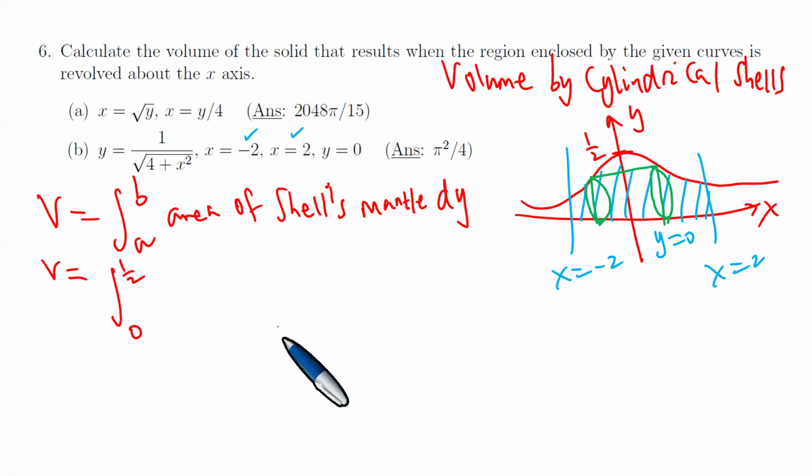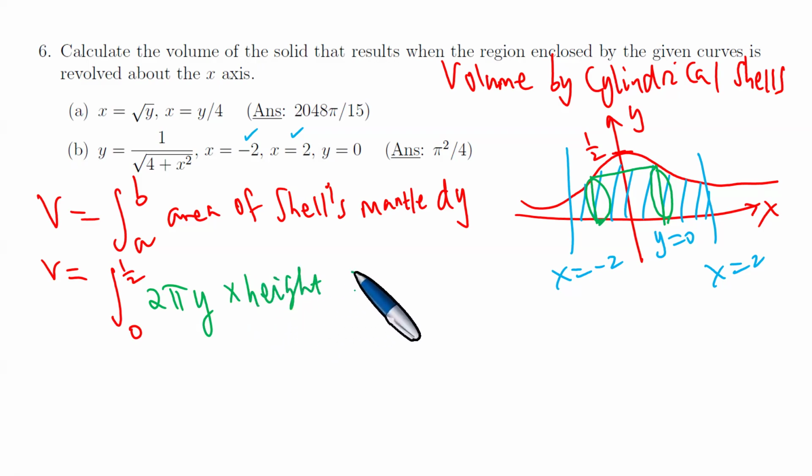What would be the area of the shell's mantle? Right, so the area is gonna be 2 pi y multiplied by the height, dy, the volume. 0 to 1/2, 2 pi y.